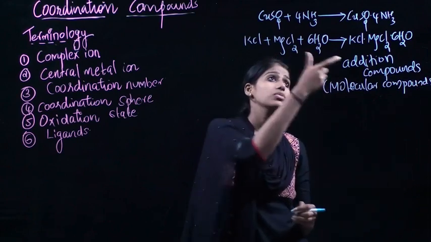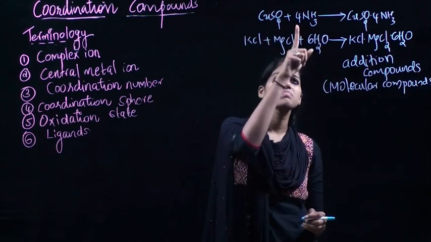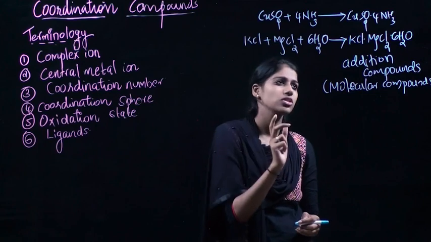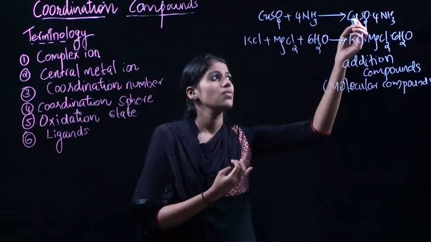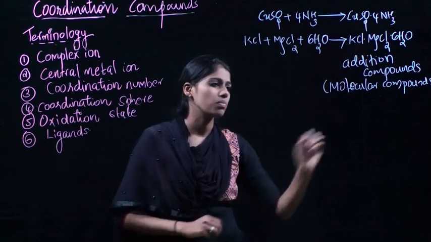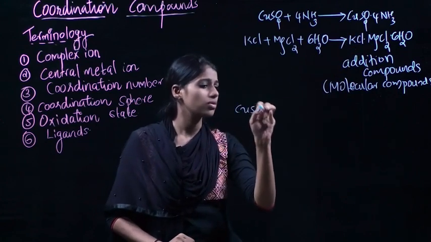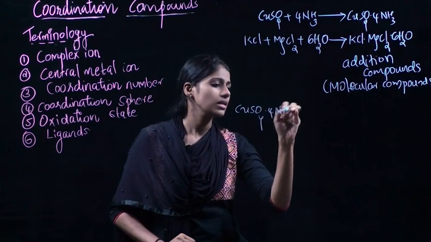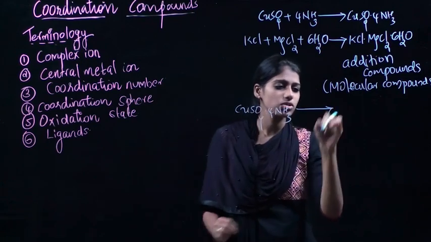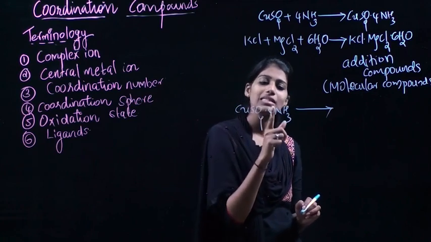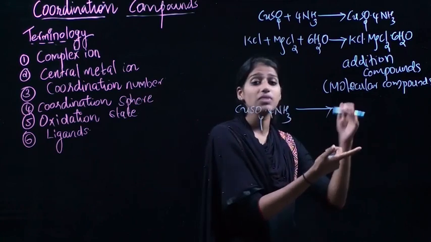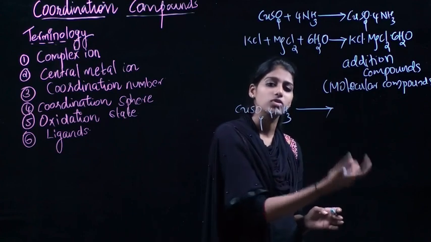Now you have two types of addition compounds, CuSO4 mixed with NH3 or KCl with MgCl2. Now let's analyze whether they have equal identity in the aqueous as well as in the crystal form. When you take CuSO4·4NH3, in the aqueous solution we are expecting the ions Cu2+, SO4 2- and ammonia, so that whenever you go for the test you should get a positive result.